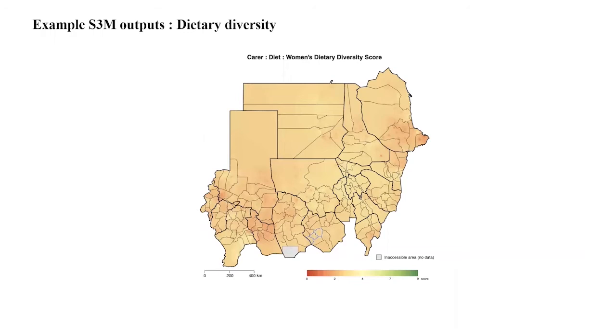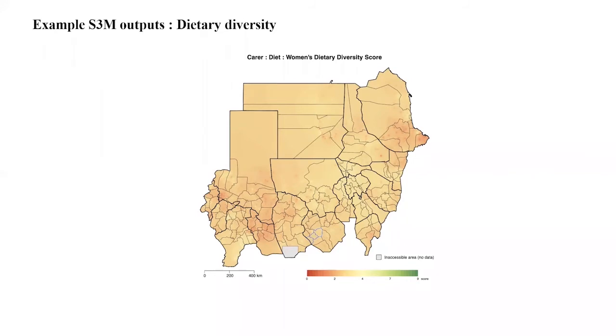So here's one from the 2018 S3M in Sudan. The areas where the border is highlighted in grey are inaccessible areas. This is where the conflict had kicked off while we were doing the survey, so we couldn't go there. It was unsafe, but we managed to go across quite the entire state.